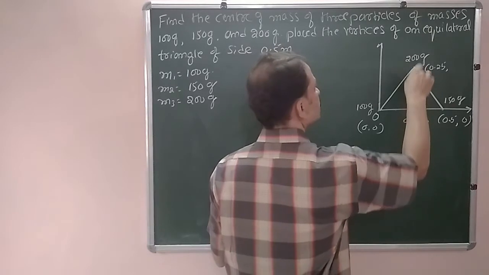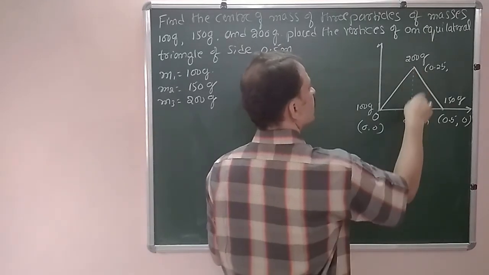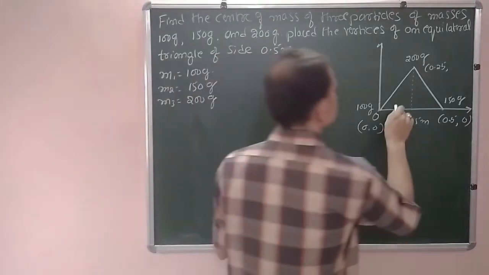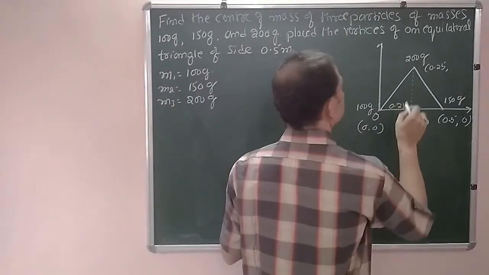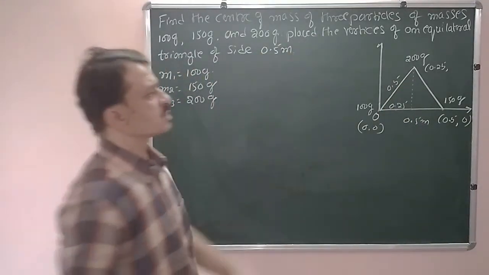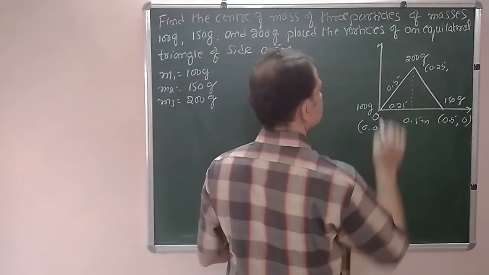Now we have to calculate this, which can be done using the Pythagoras theorem. This is 0.25 and 0.5. By using the Pythagoras theorem, what is this length?